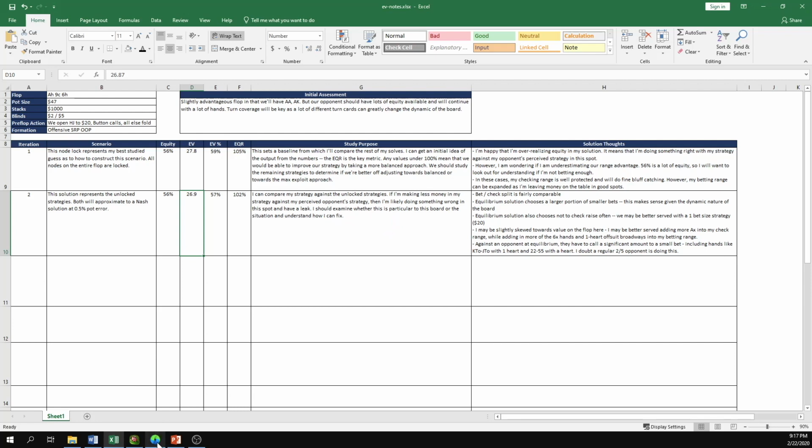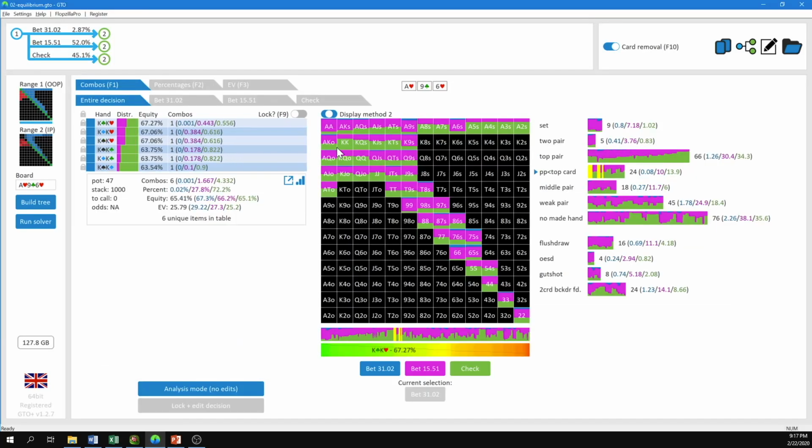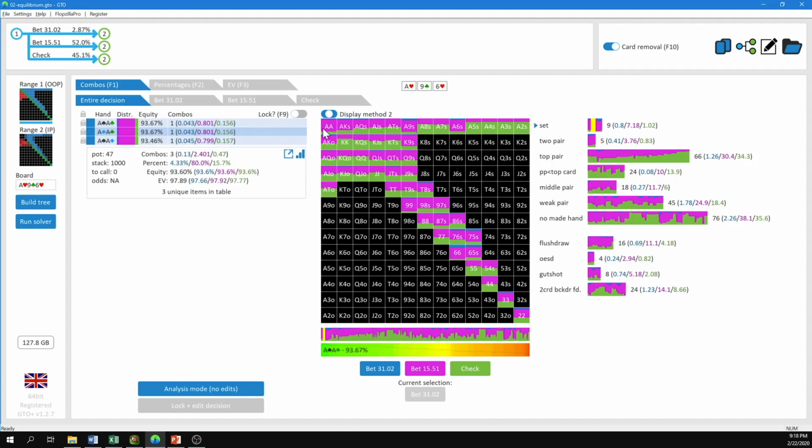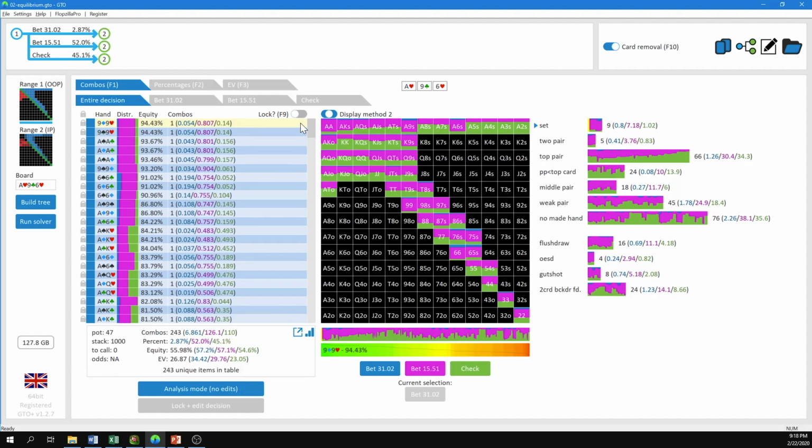But what I also like to do, when I'm actually looking at the solves, is look at some of the selections of the solver. I like to look at the hand classes the solver is choosing to do and what it places in various splits, and I try to take notes on my spreadsheet here.